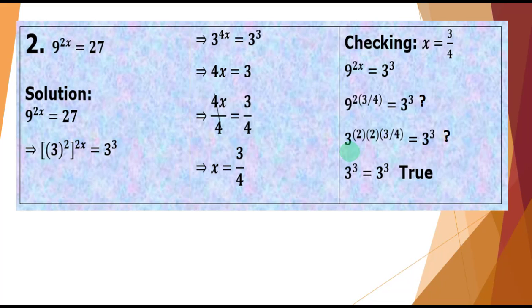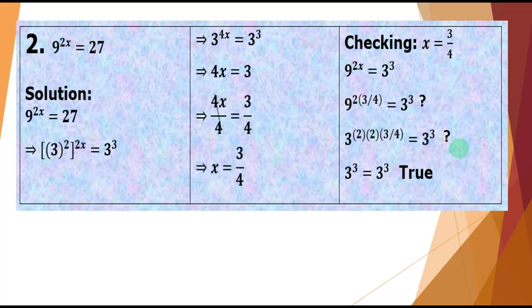Why do we have 3 raised to 2 here, times 2 times 3/4? Well, 3 squared is 9. So 9 is transformed into 3 squared, in which case this is allowed. Is this equal to 3 raised to 3?